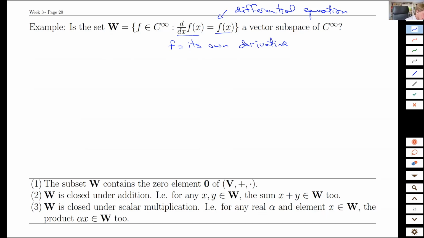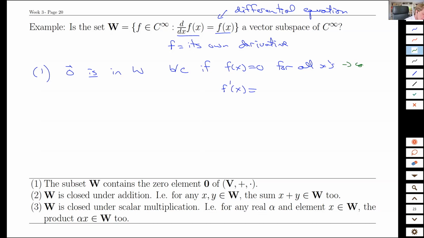Well, these are still functions. They're still part of the C infinity. That's why we can take derivatives safely. The 0 vector is in W here, because if f of x equals 0 for all x's, this function is constant, then f prime of x equals 0 for all x's.